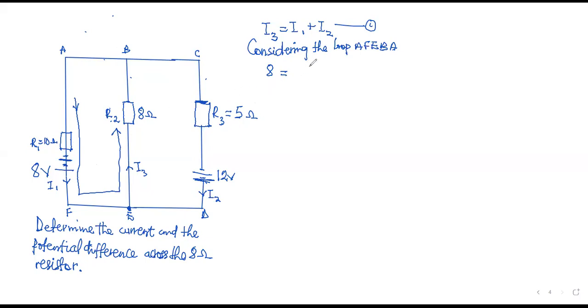Sadia, please, it will be negative. What's your reason? Would the PD across R1 be positive or negative? Positive.